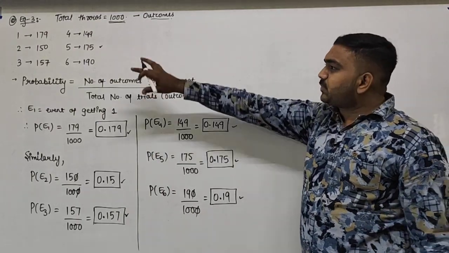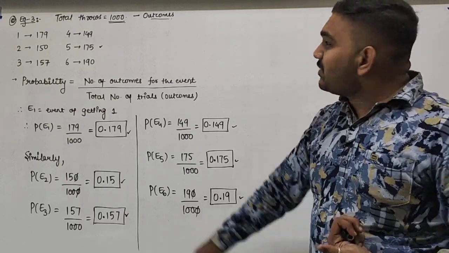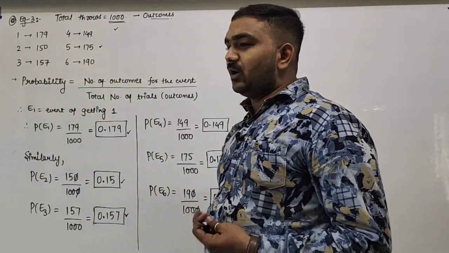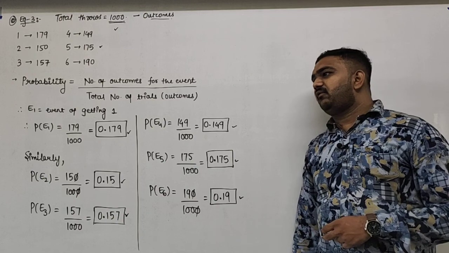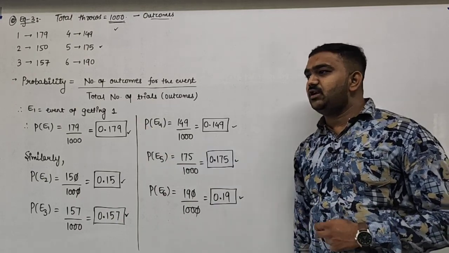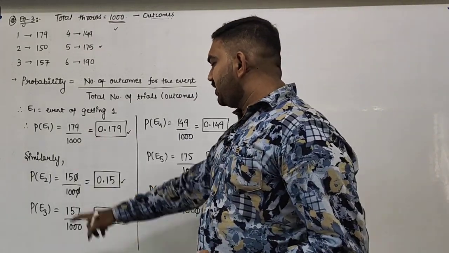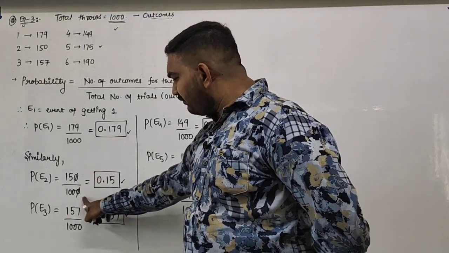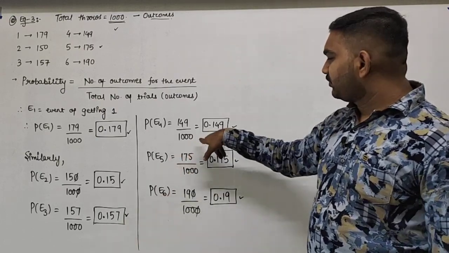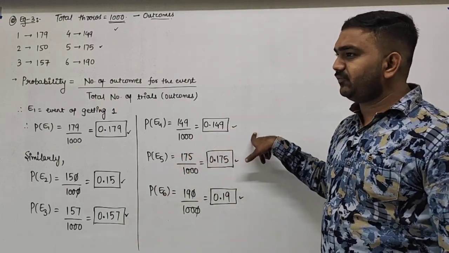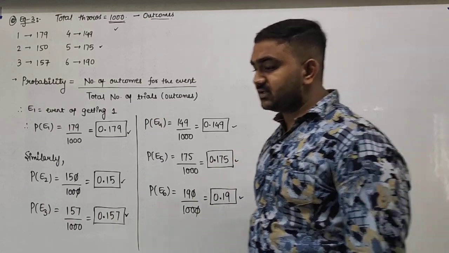So as per the given outcomes, if 179 times it comes, its probability is 0.179. It is easy because the total outcomes given to us are 1000. If some other number like 500 or 275 were given, we would need to divide and then write the answer. So 179 upon 1000 is 0.179, 150 upon 1000 is 0.15, 157 upon 1000 is 0.157, 149 upon 1000 is 0.149, 175 upon 1000 is 0.175 and 190 upon 1000 is 0.19.